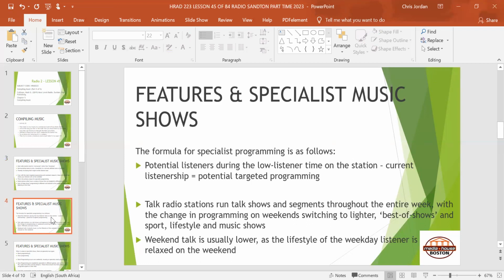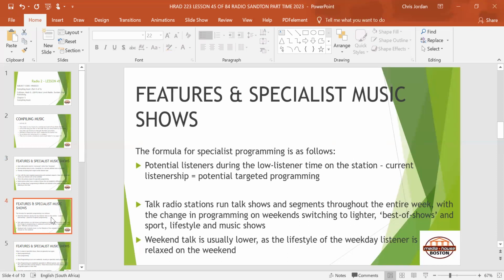So our current listenership is the biggest amount, and we look realistically for the lowest amount possible that we could get, let's say, on a Saturday afternoon when people are really enjoying the weekend. Radio is 10 to 1 not going to be a priority in their lives at that point.